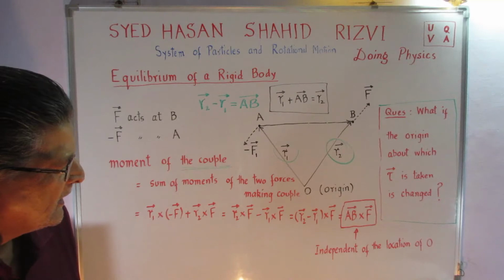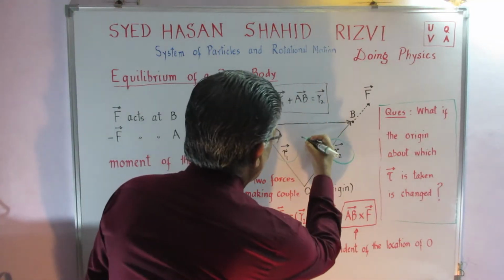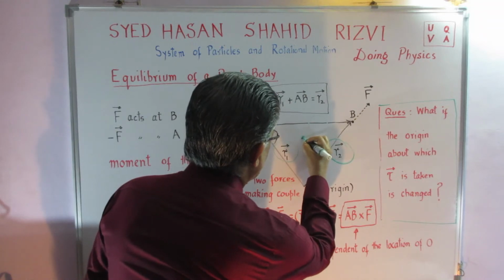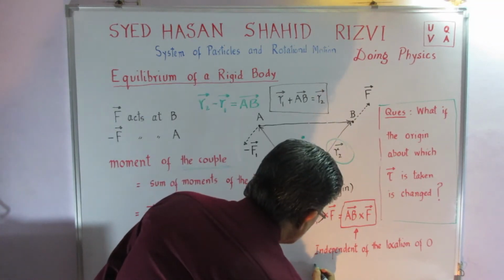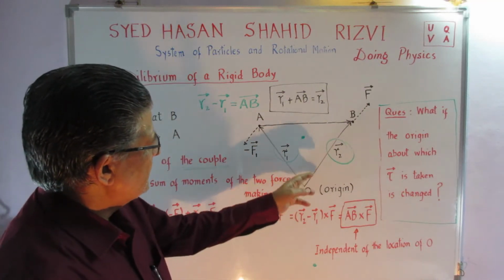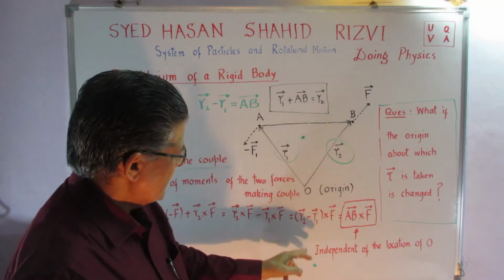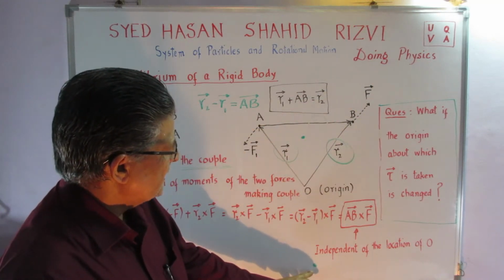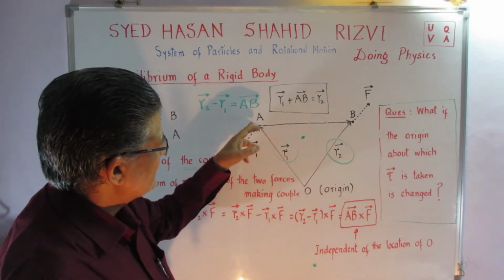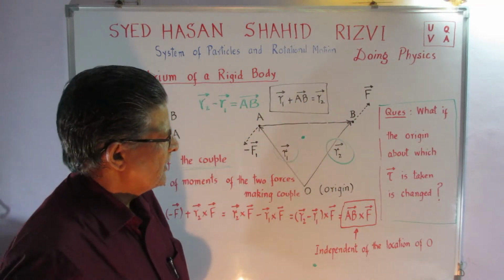So if I change my origin to this spot or to this spot, there will be a different value of R1 and a different value of R2. Here also, if the origin has been shifted here, then there will be one R1 from here to here and another R2 from here to here.